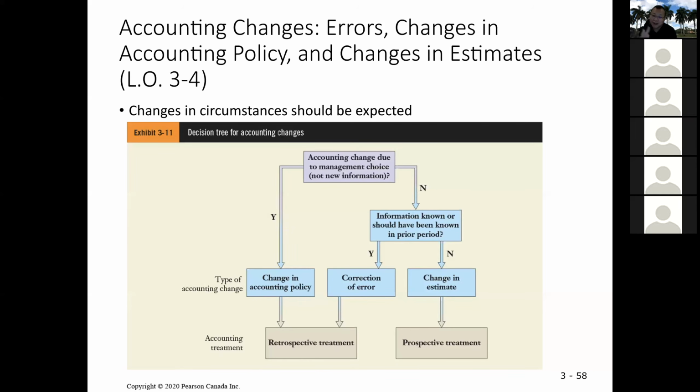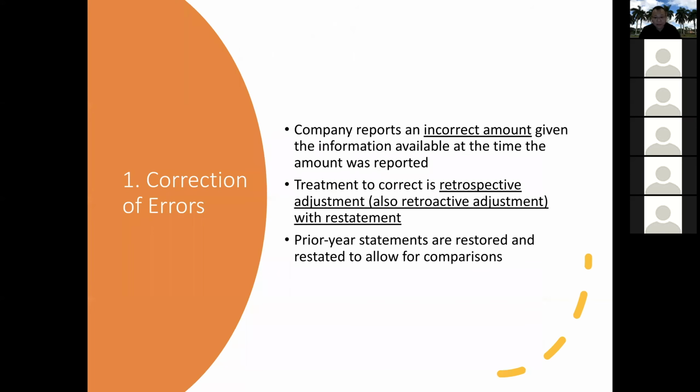Did I make the three types of change clear? Yes? Okay. So now let's test if you really understand this. For the correction of error, if the number was incorrect, then you have to go back to the prior period to fix it, right?